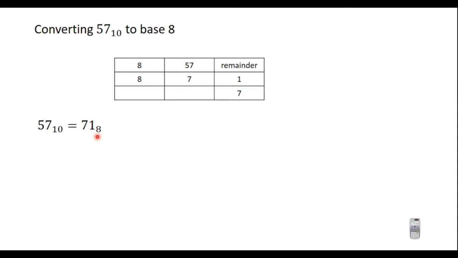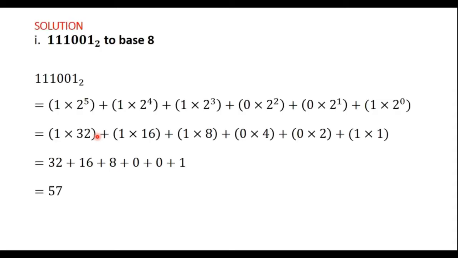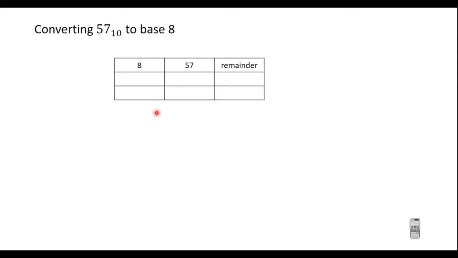Now remember that we had 111001 base 2 and we converted that to 57. Now we have converted 57 to base 8, which means that we can say that 111001 base 2 is now 71 base 8. So you can see we have converted this number from base 2 to base 8.